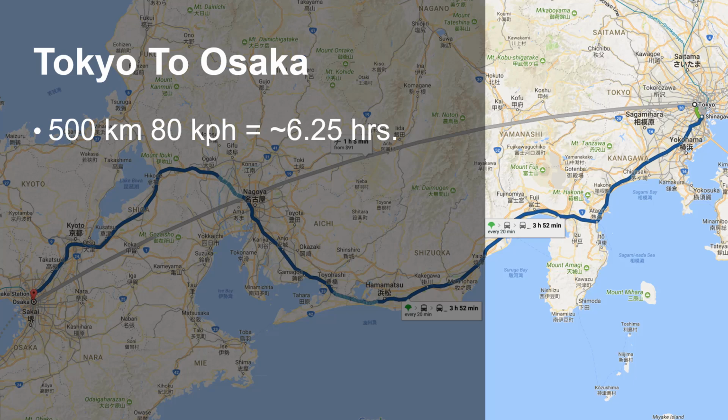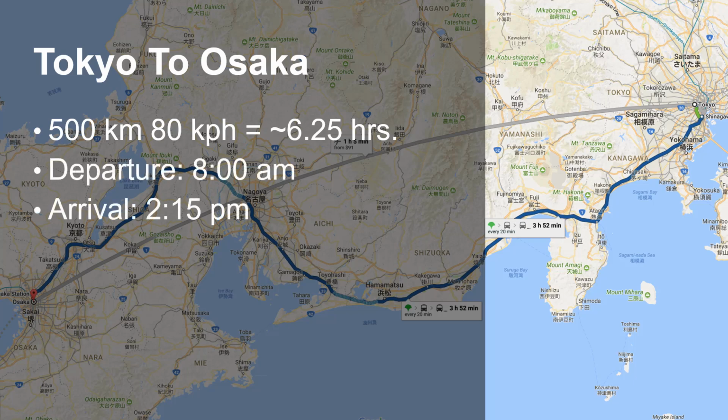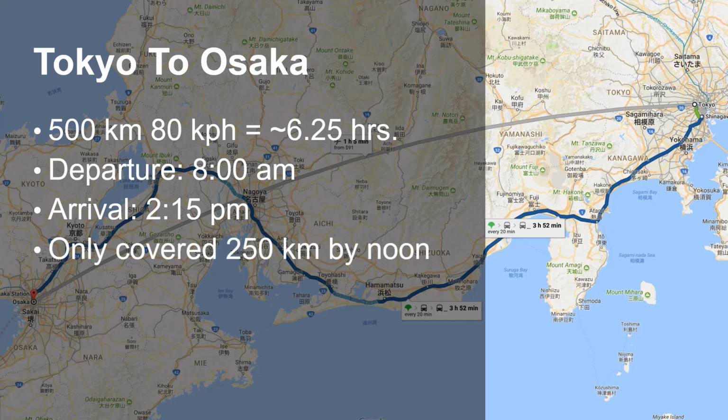You are planning on driving at 80 kilometers per hour for a total of about 6.25 hours. You leave at 8 o'clock in the morning and you want to arrive at 2:15 in the afternoon. At noon, you check the odometer. You have only driven 250 kilometers and you should be at 320 kilometers.